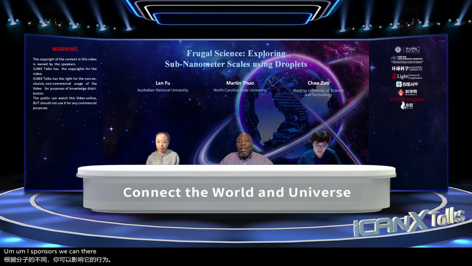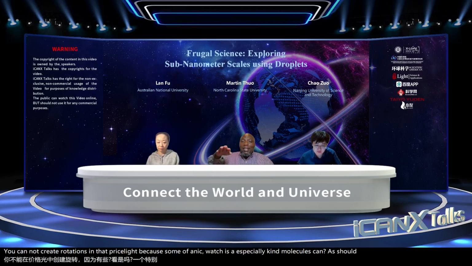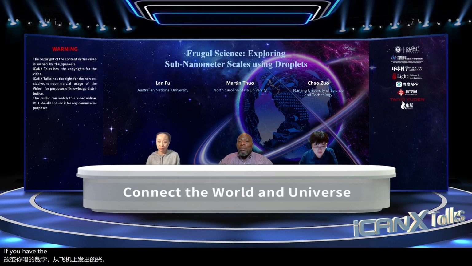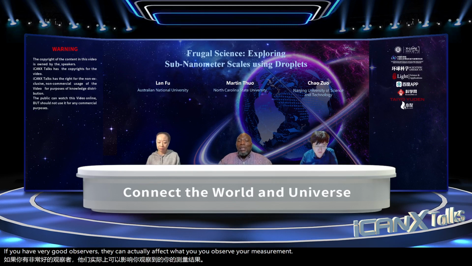You can influence light polarization, for example. You can create rotations in polarized light, because some organic molecules, especially chiral molecules, can bend incident light and change the angle at which you're seeing the light coming out at the other end. If you have very good absorbers, they can actually affect what you observe. Your measurement will be perturbed by them.